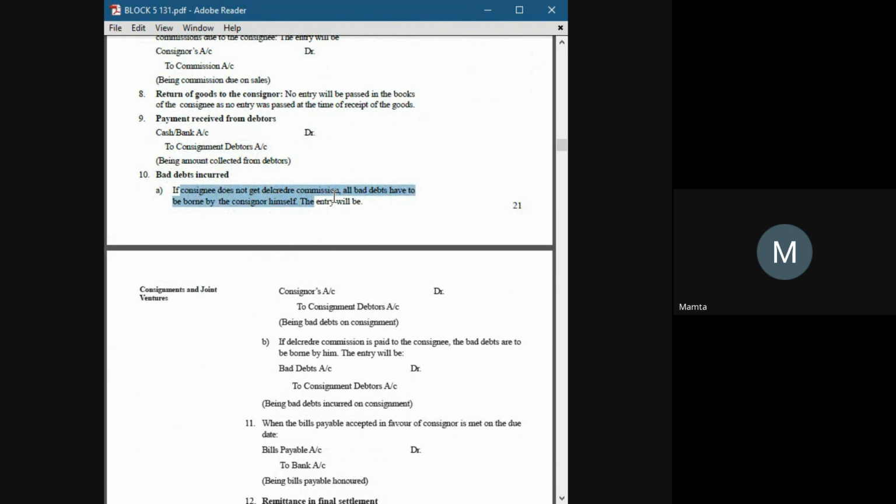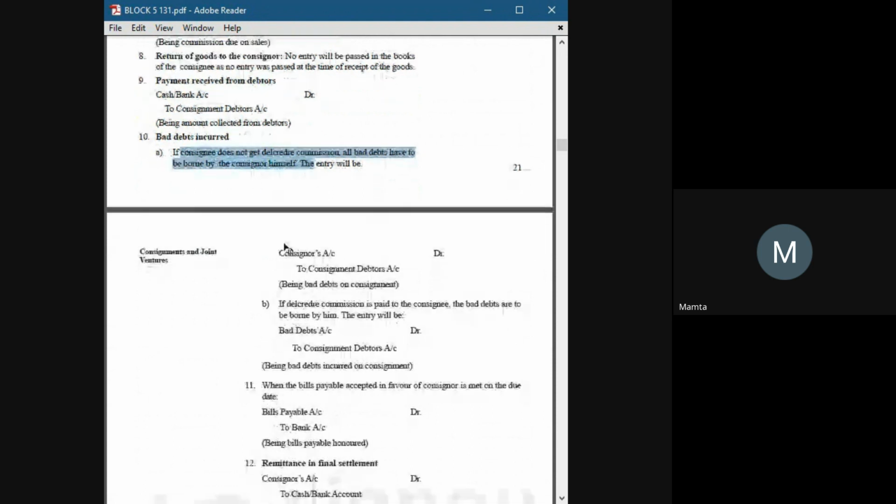So if the consignee doesn't get del credere commission, all the bad debts have to be borne by the consignor himself. The entry would be consignor account debit to consignment debtors account.